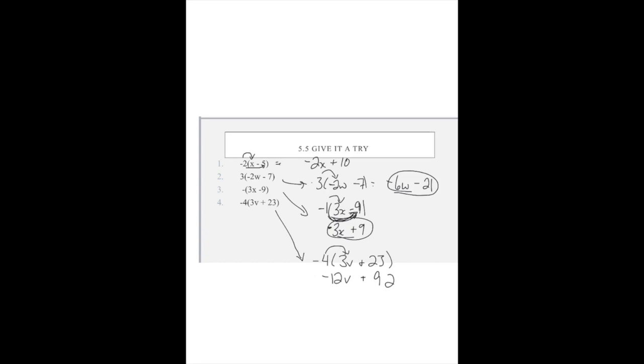But being that it is a negative times a positive, we will end up with a negative number. So negative 12 minus 92.